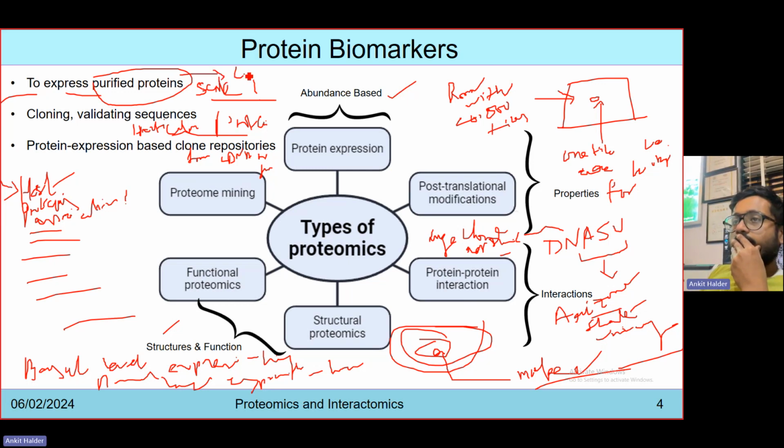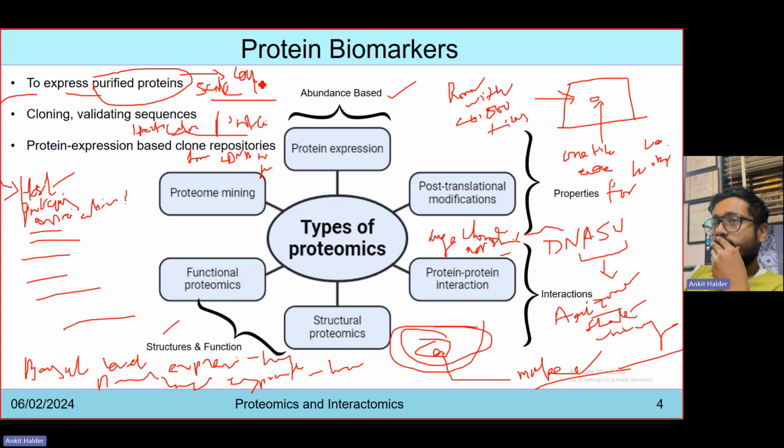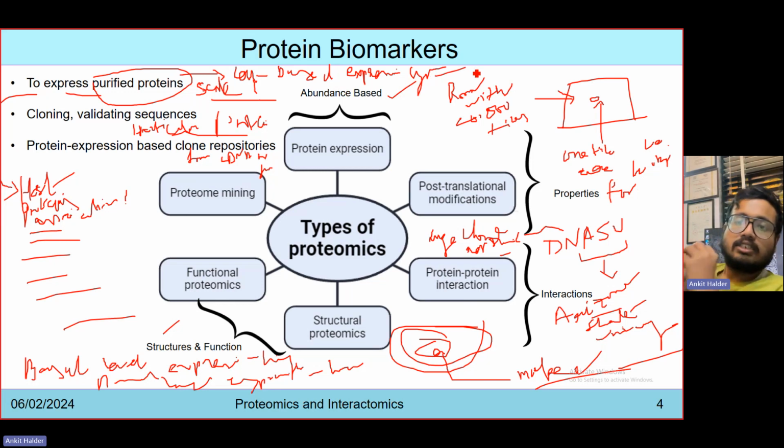In the previous week we touched upon two different expression systems, one cell-based and another cell-free. The cell-based expression system helps us to get the purified proteins out.